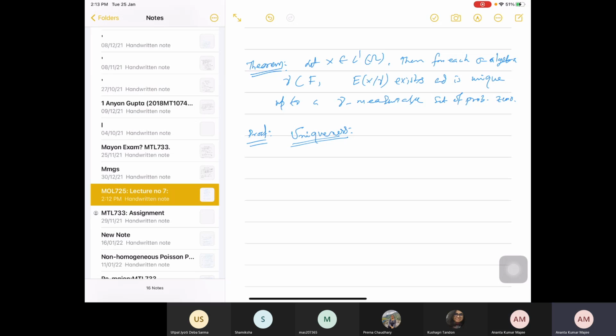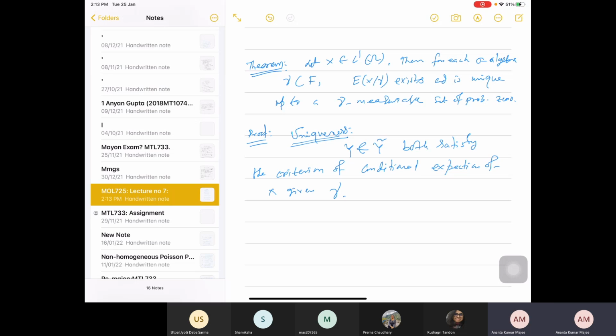Suppose I have two conditional expectations for the given x, say y and y tilde, both satisfying the criteria of conditional expectation of x given the sigma algebra nu.